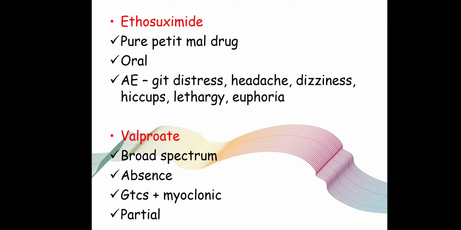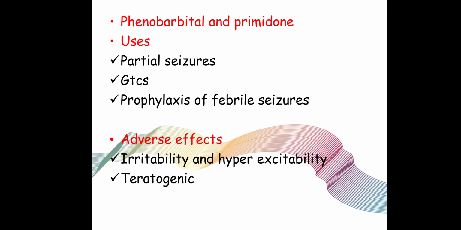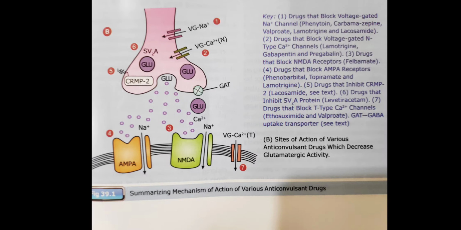It blocks sodium channels, it increases GABA activity by activating glutamic acid decarboxylase and by inhibiting GABA transaminase, and it also inhibits T-type calcium channels. If you remember this figure here, here is the site of action of valproate, right?